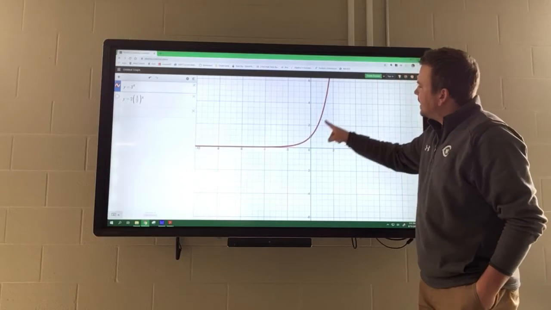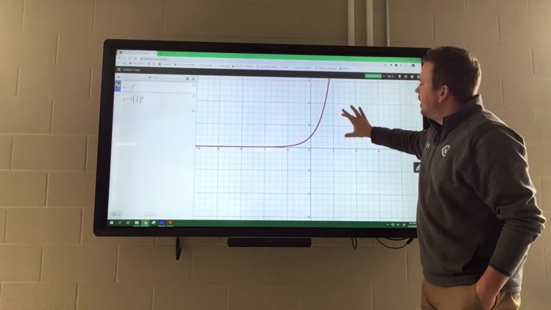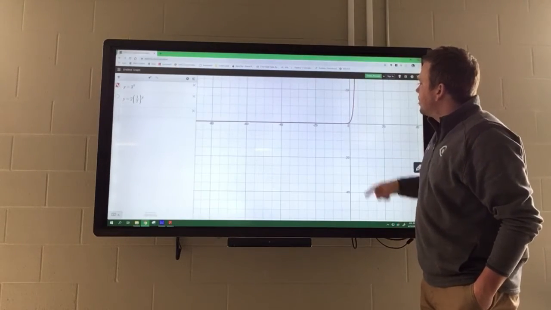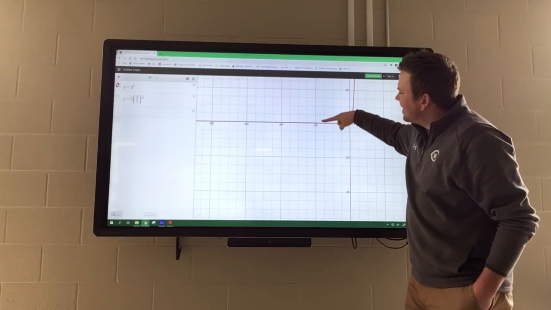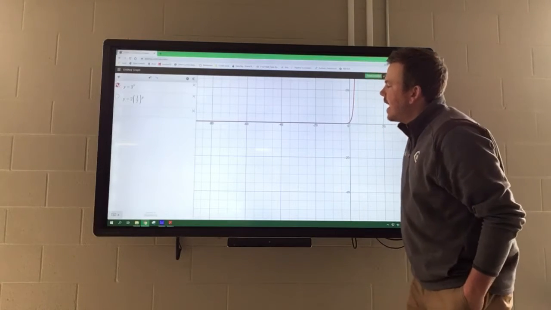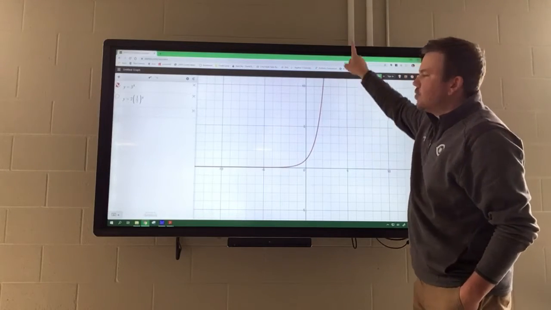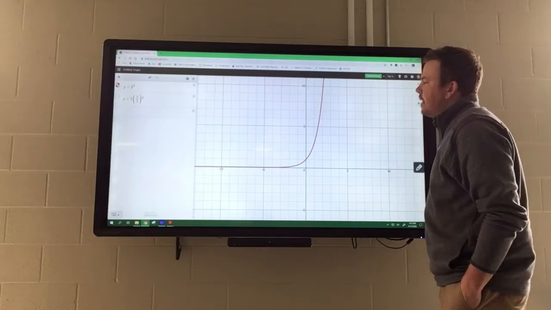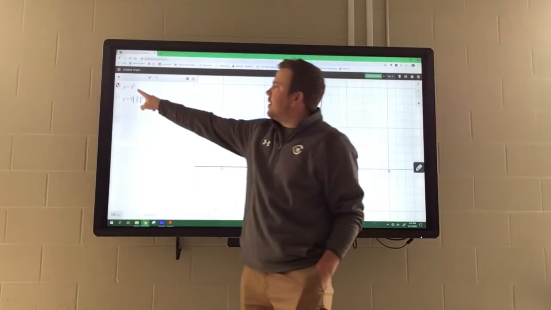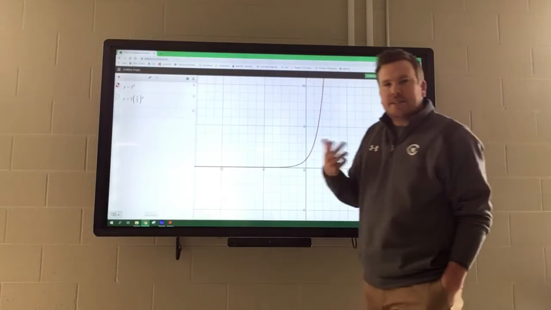Again, we see exponential growth. This keeps growing forever and ever. On this side, it gets infinitely close to the x-axis, but it never actually touches. That's what happens when our b value, in this case 3, is greater than 1.